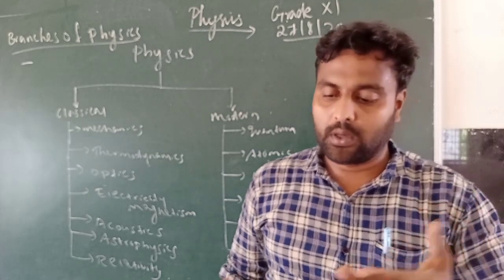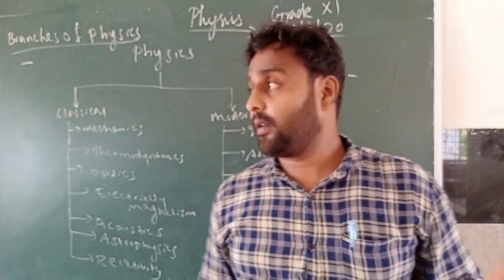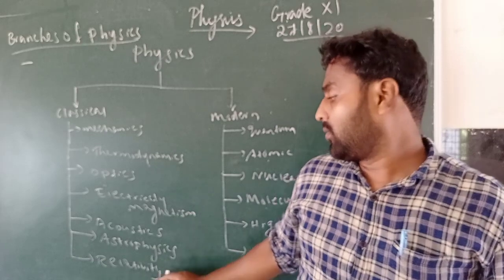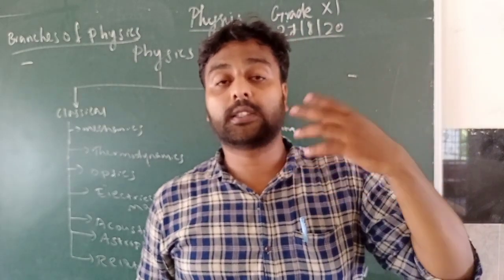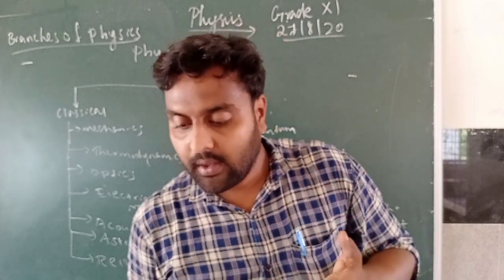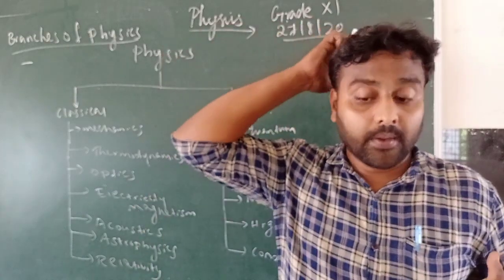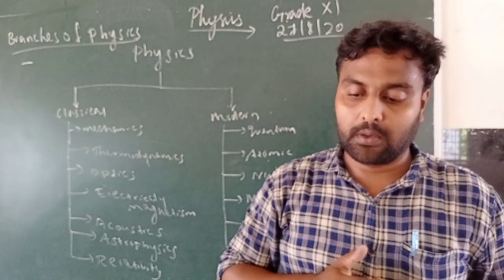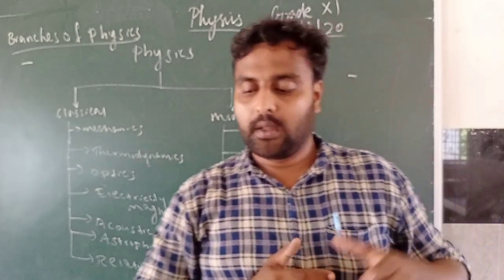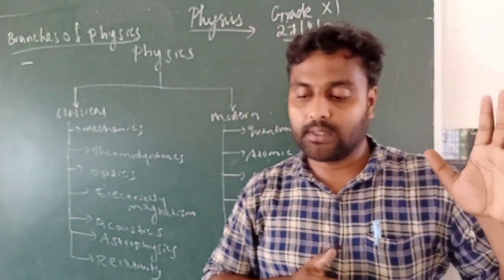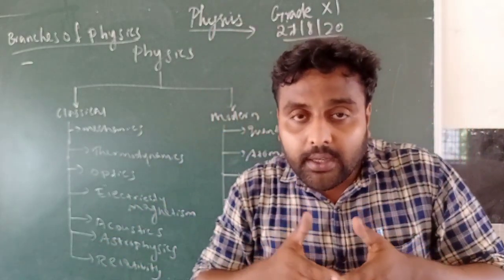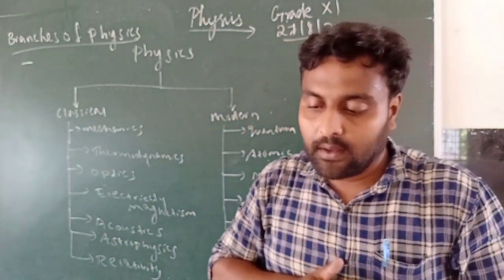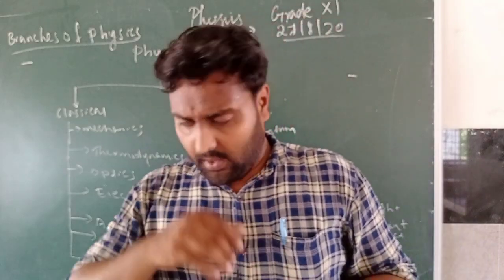Many of you know about this. Here we are mostly studying the relationship between space, time and energy. You can see in that textbook, page number 4. It is a branch of physics which deals with the study of the relationship between space, time and energy.